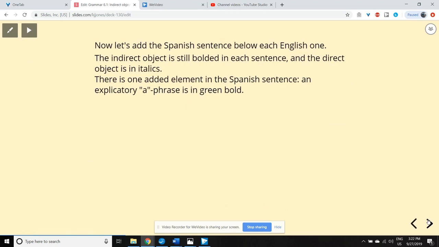All right, so now let's add the Spanish sentence below each English one. So the indirect object is still bolded in each sentence, and the direct object is in italics. There's only one added element in the Spanish sentence, and it's an explanatory phrase that you'll see in green bold type. All right. So I buy gifts for my nephew. That was our English sentence.